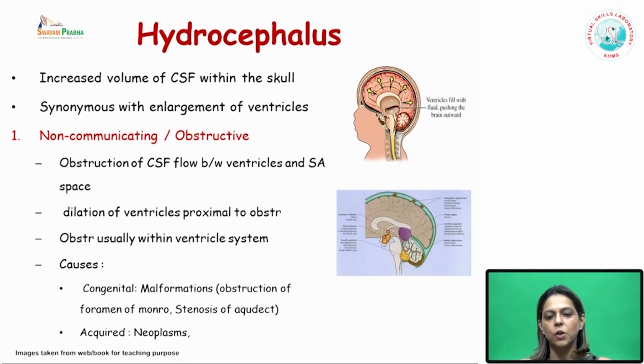For example, there is any obstruction to the flow of CSF, obstruction to the foramen of Monro, or any stenosis of the aqueduct. So these are the causes of hydrocephalus, which can be either congenital or acquired. So there would be obstruction to the flow of the CSF. It won't be able to go distal, and because of the obstruction, there would be dilatation of the ventricles and eventually there would be leak of CSF.